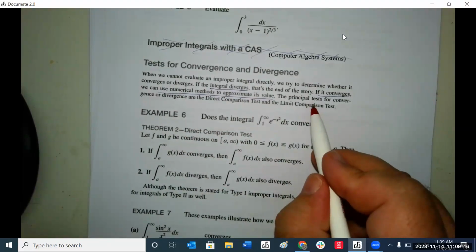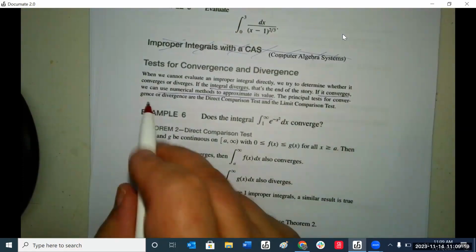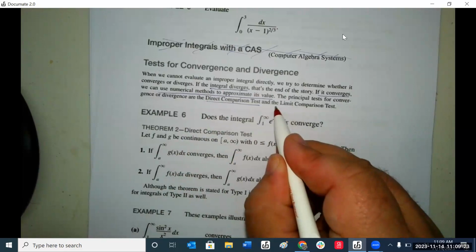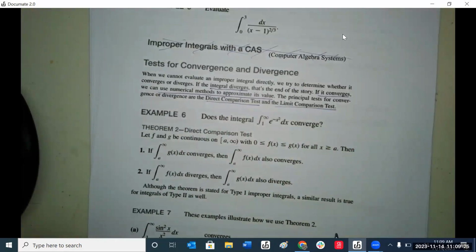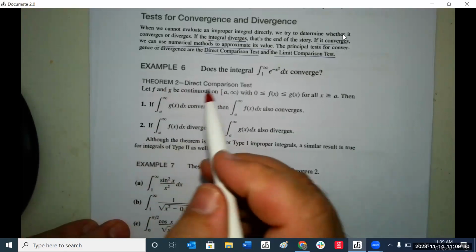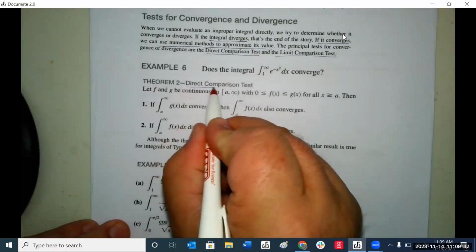The principal tests for convergence or divergence are the direct comparison test and the limit comparison test. And here we are, the direct comparison test.